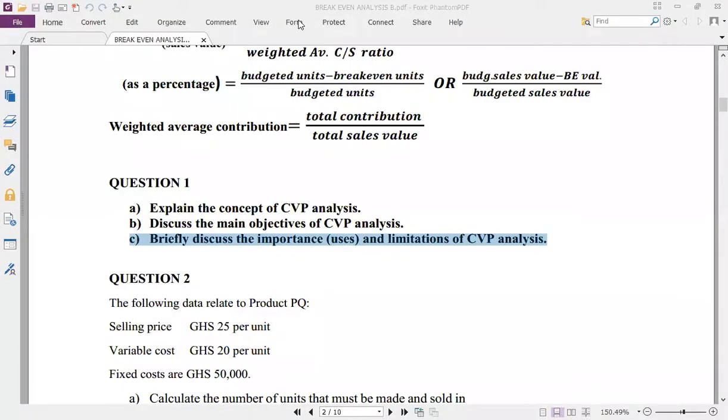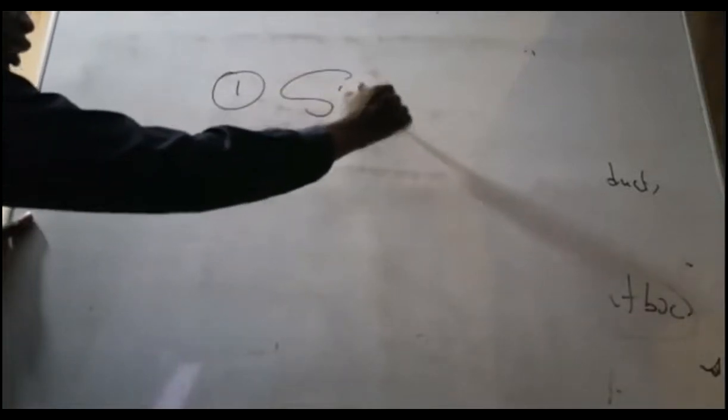Okay. Now let's pick question 2 to familiarize ourselves with the break-even. We said that your exam question will be like this. 1, we have single products. They will ask you to perform a calculation on break-even in a situation where the company produces and sells just one product.